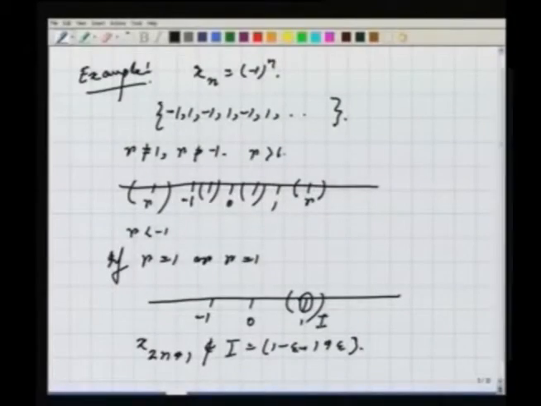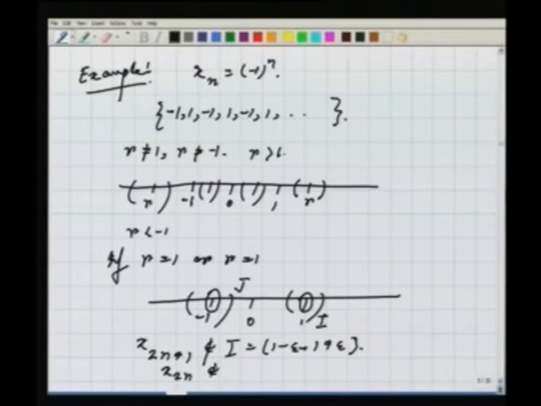Hence, it cannot happen that after some stage all the terms of the sequence are there, because I can see that the odd terms are not there. The same thing gives a contradiction in the other case also. If I choose this and look at the interval around it, call it J, then x2n does not belong to J, that is minus 1 minus epsilon, minus 1 plus epsilon.